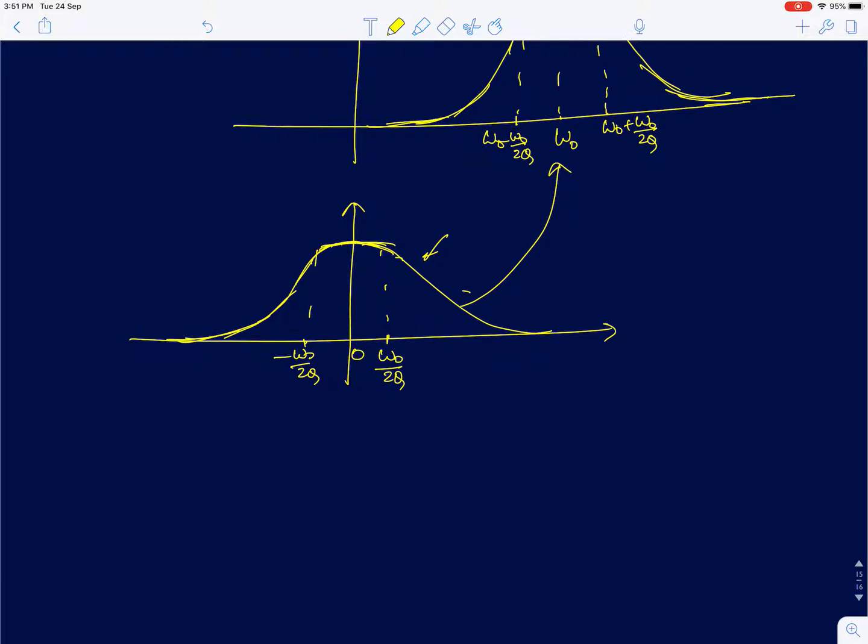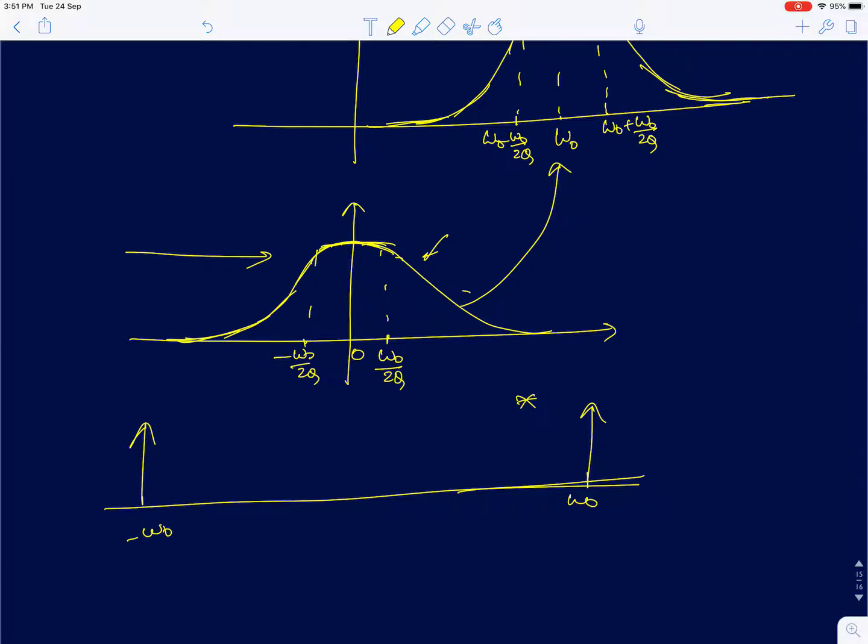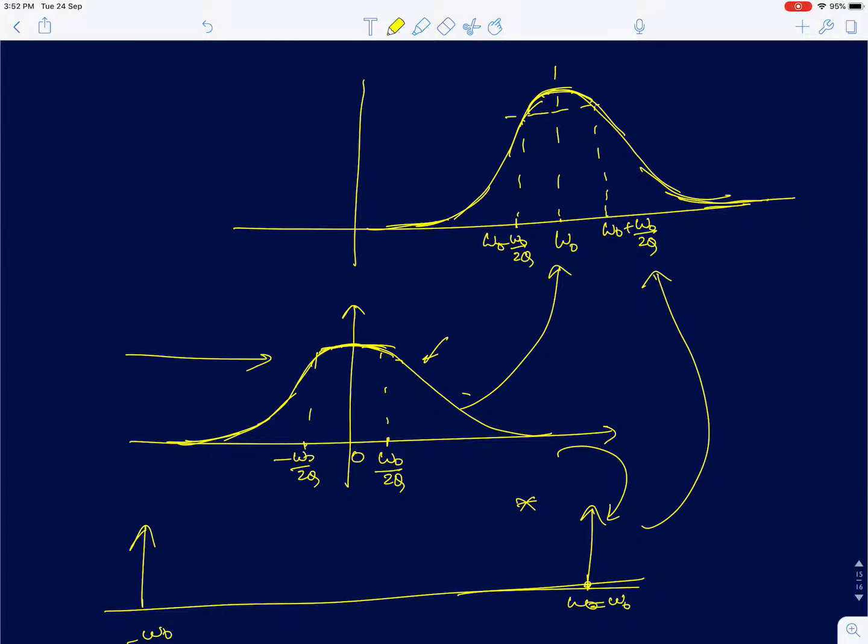Okay, so how do you frequency translate it? You just have to convolve it with impulses in frequency domain. So first I take a frequency response like this, which is a low pass frequency response, and then convolve it with an impulse centered at omega equal to omega naught. Then you get the frequency response of a parallel RLC circuit.